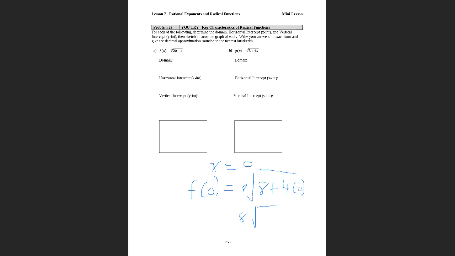So we have the 8th root of 8. And what is that? Let's use the calculator and see what we got. That should give you 1.30. So to two decimal places, 1.30. So when x is 0, you have this to be 1.30.